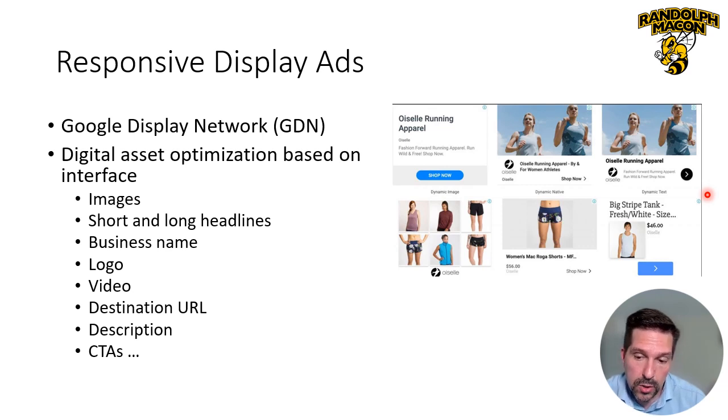And the nice thing about this ecosystem is that Google is well aware that people are consuming content on different platforms: mobile, tablets, desktops, and could also be TV. And so because of this, they have this flexible platform that enables Google to create an ad that is best suited for the interface that the customer is consuming the content on.